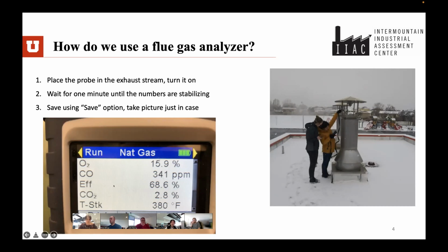Then you can see something like this picture. You can save this using a save button, but just in case it doesn't save, I recommend you always take a picture of it. As you can see here, we can see the oxygen levels, ppm of CO, boiler efficiency, or the temperature of the stack.